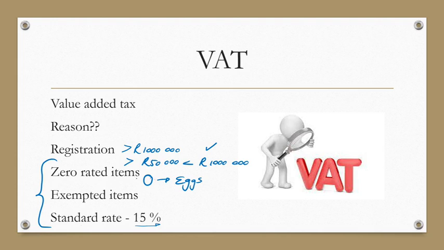Then you remember, this is for the necessities, for items that most people need: bread, eggs, milk, fruit, vegetables. The VAT charged on that is 0%. And then we've got the exempted. That's the other one. No VAT charged on school fees at a public school, a state-owned school. So zero-rated, always see the zero, see the X, then you can differentiate between those two.